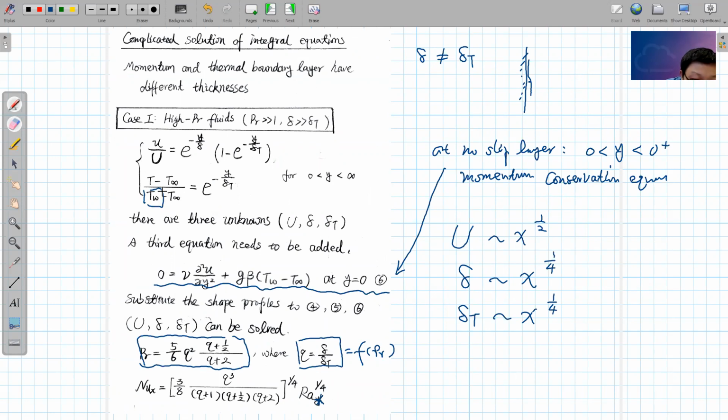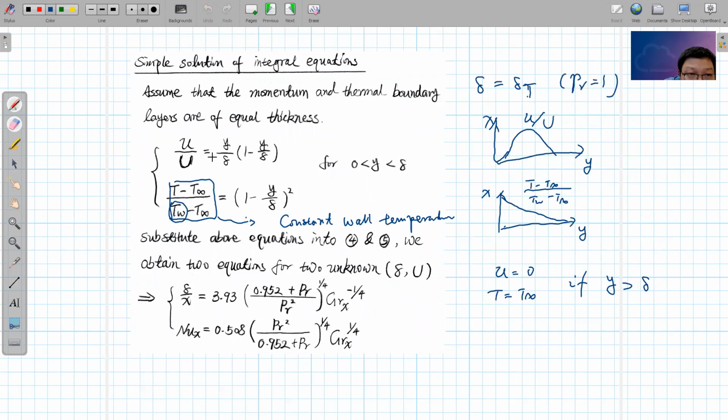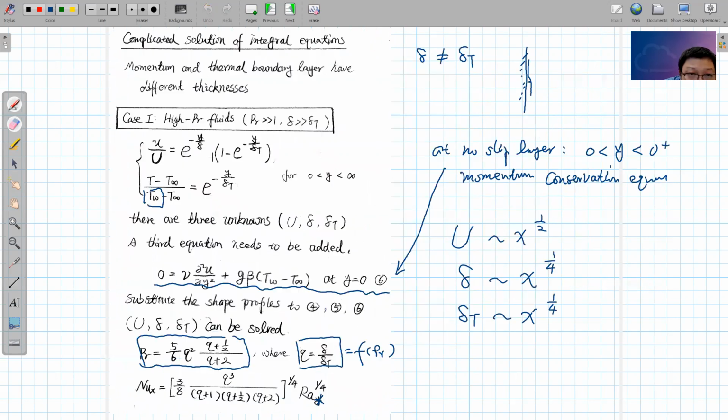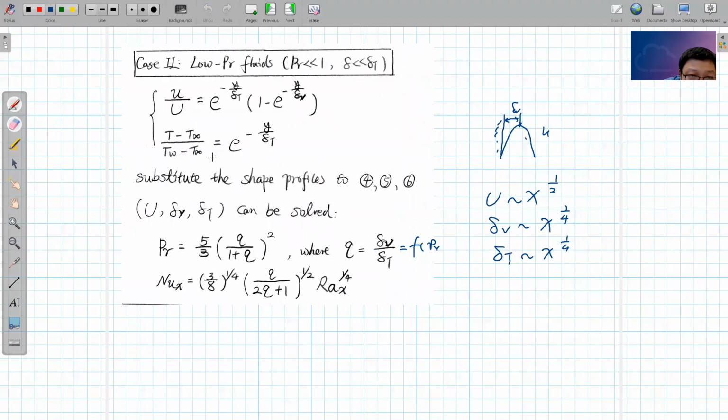You can only do this if you know T wall. So the simple integral method, and the complicated solution of the integral equations for both case 1, large Prandtl number, and case 2, small Prandtl number, are all for cases where you know the wall temperature. So all of this above is for T wall equal to constant.